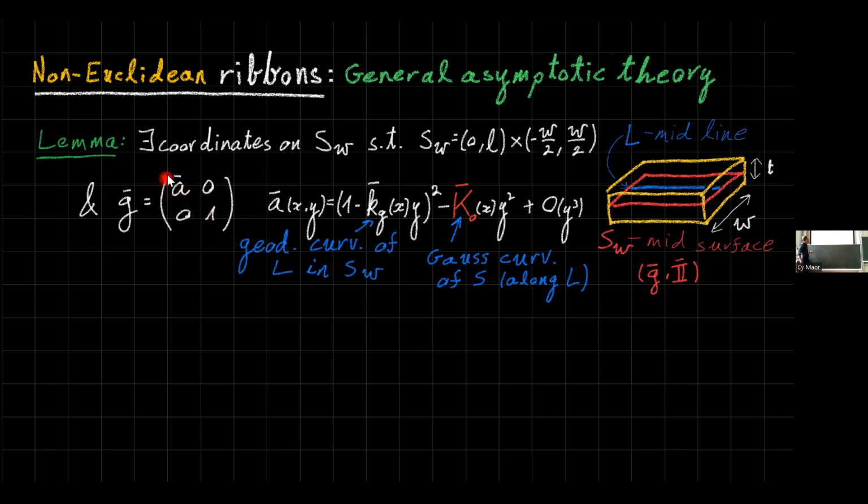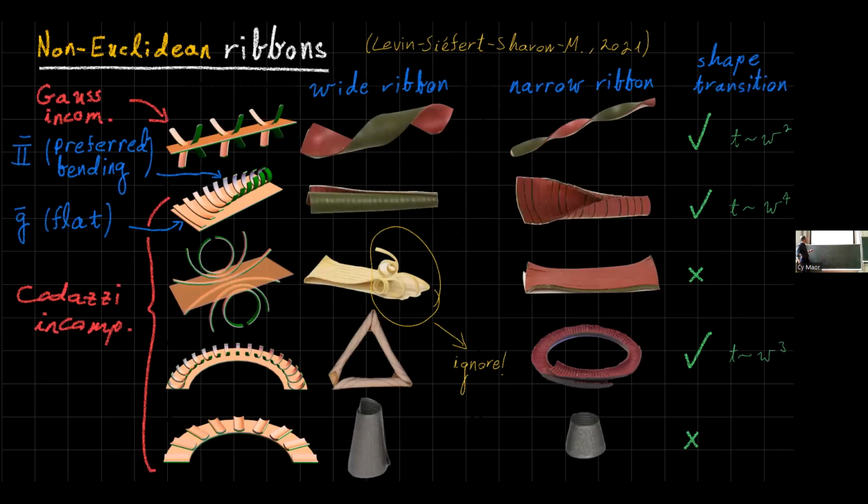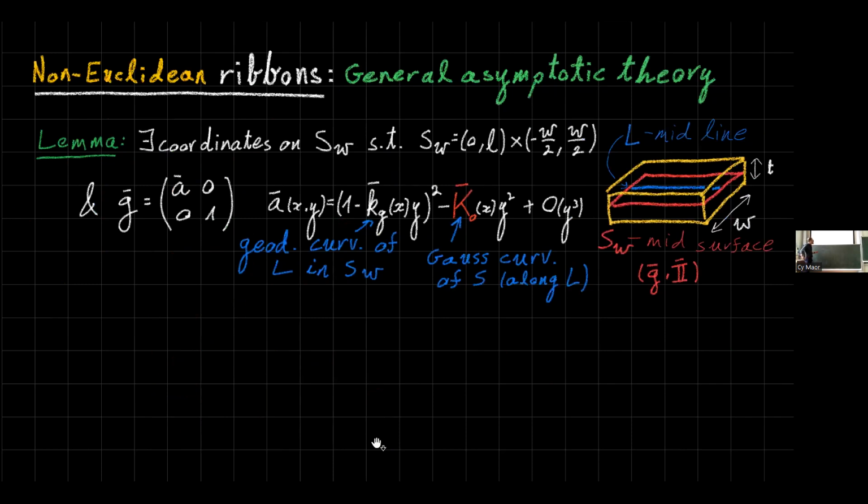The only thing that differs from the identity is the 1-1 term, and it looks like 1 times a linear correction that depends on the geodesic curvature of L in S. So in the previous slide, the geodesic curvature in all these 3 examples is 0, but here, for example, it is constant, and non-zero. And then you have a second order term, which is the Gaussian curvature of S along the midline L, like we had in the previous example, and you have higher order terms depending on the derivatives of the Gaussian curvature.